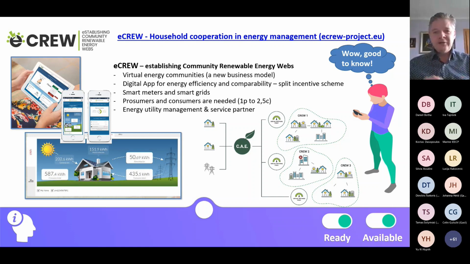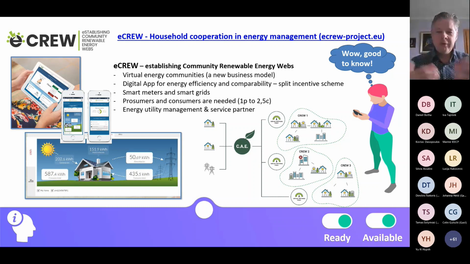So how does this actually work? We configured that the most difficult situation for energy communities to really be established, to successfully run as a business, to share energy within the community and maybe even sell energy to the outside, is really a barrier sometimes, depending on the legal framework.